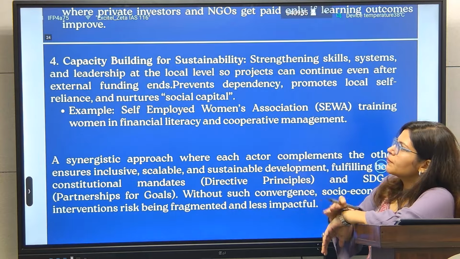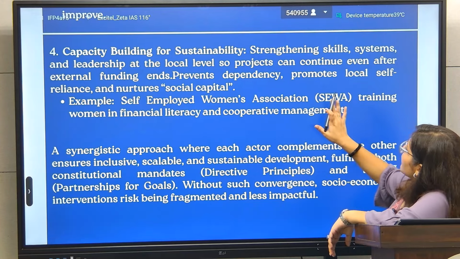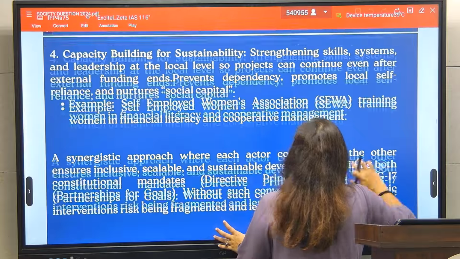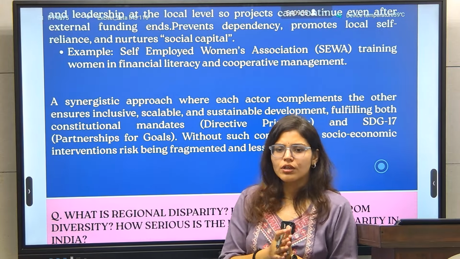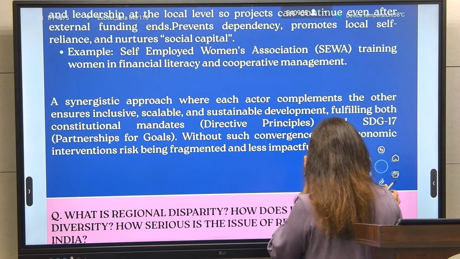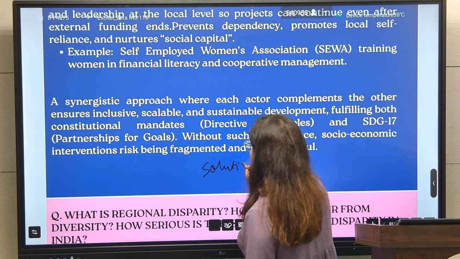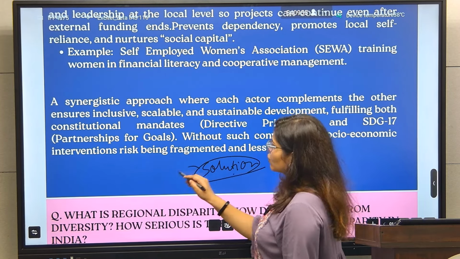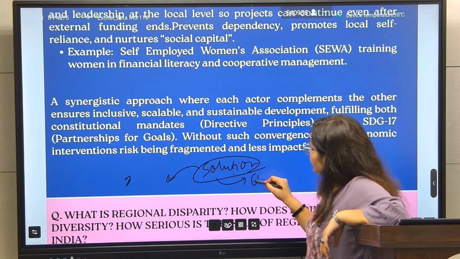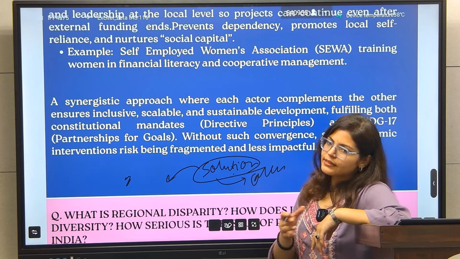Then there is capacity building for sustainability. So here you can give the example of Seva. Then for this type of question you will write the significance of this model, because in this question the solution is given in the question itself. So you know, for these socio-economic issues, the best way is to collaborate between the NGOs, government and the private sector.